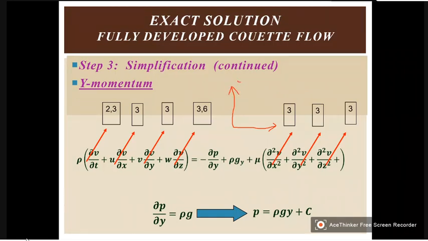Now this is y direction and gravity will be acting in this direction.